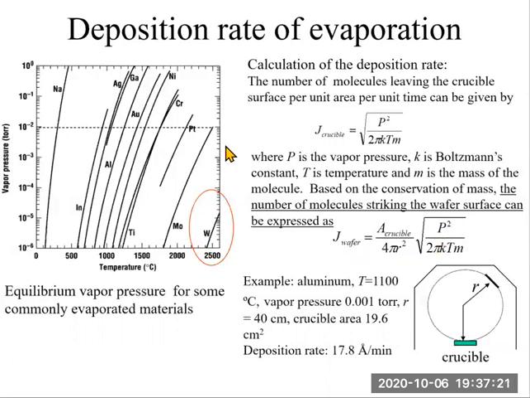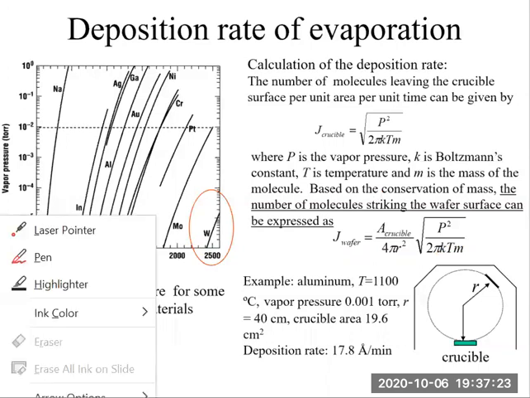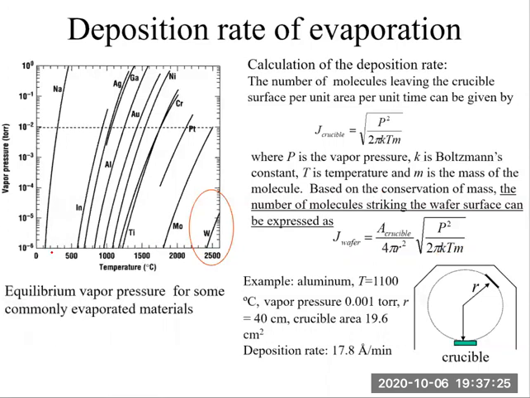So we can say that the deposition rate is proportional to the vapor pressure.